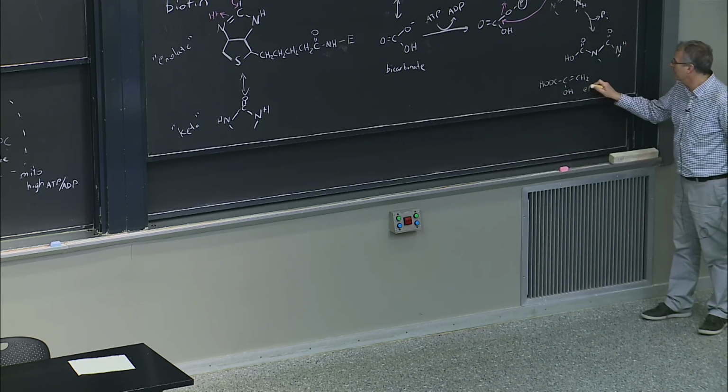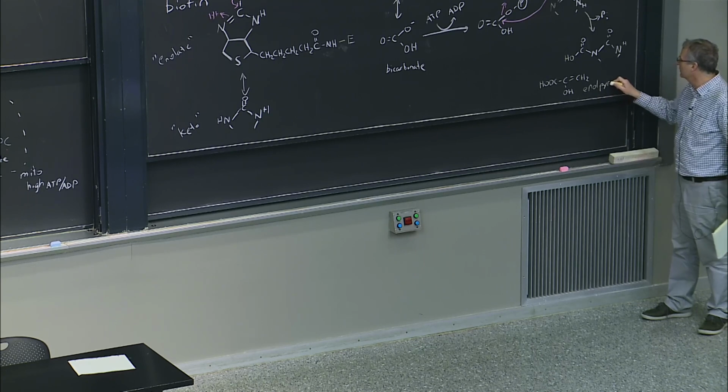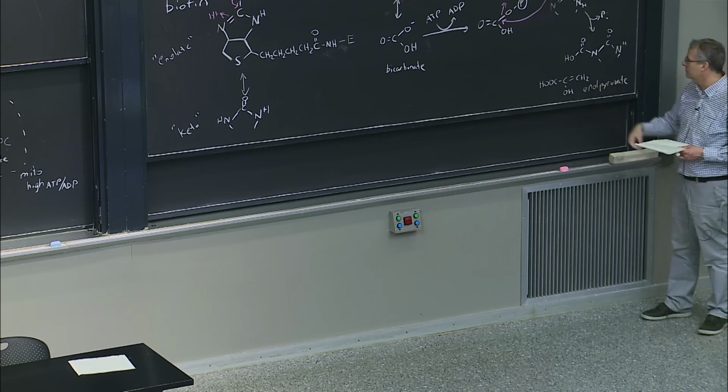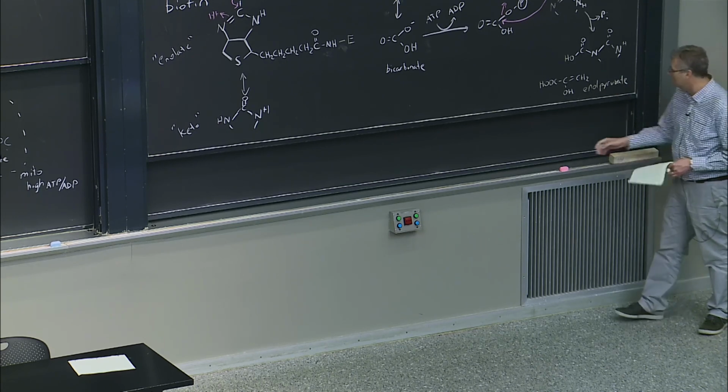Here's pyruvate drawn in the enol form. Look back in your notes about how to interconvert it between the keto and the enol form. I've shown that several times.